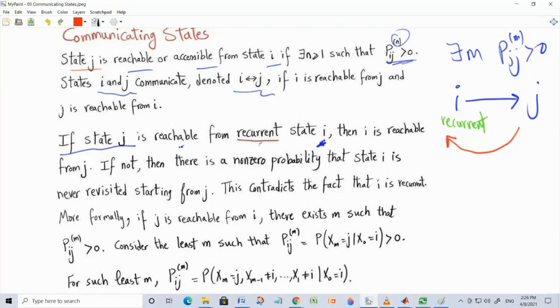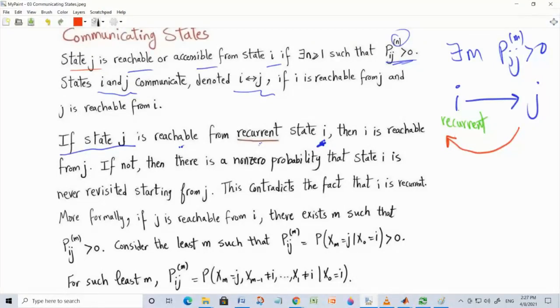A recurrent state always appears in the sequence X1, X2, X3, and so on. That's the meaning of a recurrent state. It never disappears. Being recurrent means that it will appear again and again, infinitely often.